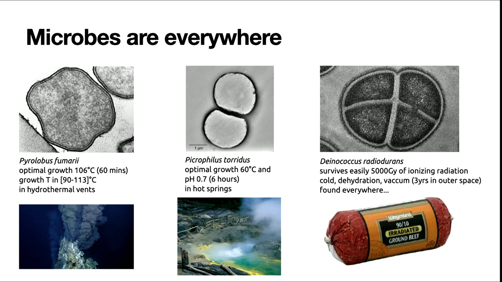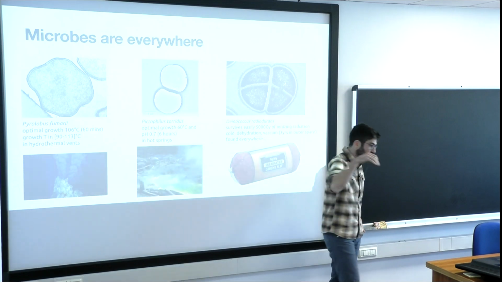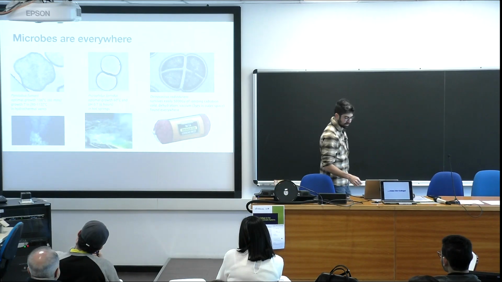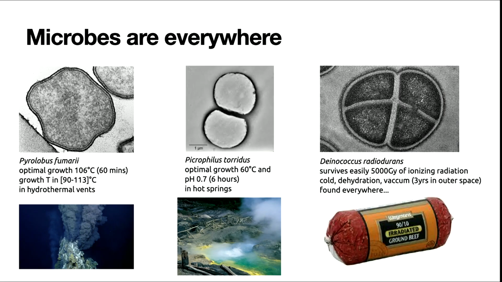This one is an archaea, a unicellular organism that lives in hydrothermal vents, in the depths of the sea, at very high pressure. And this organism has its optimal growth condition above 100 degrees Celsius. This is extreme pressure, and it grows pretty fast at these extreme conditions.